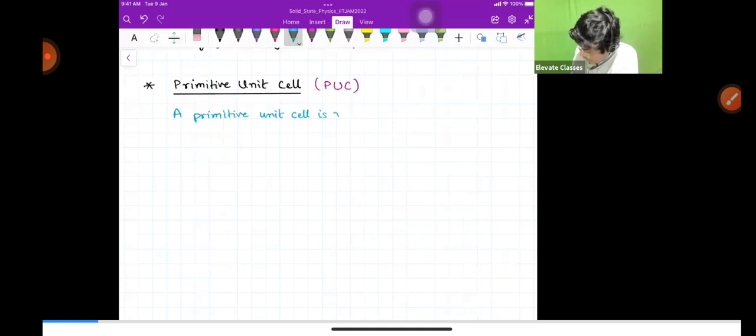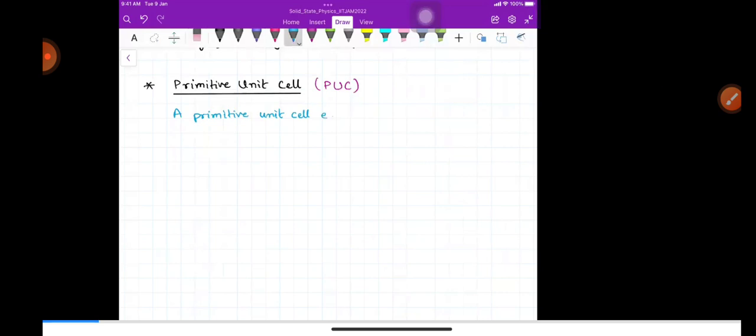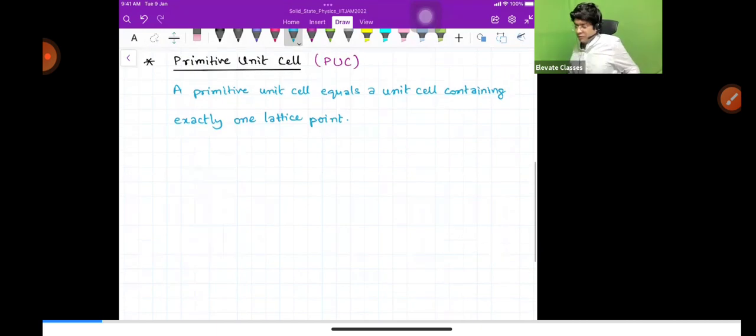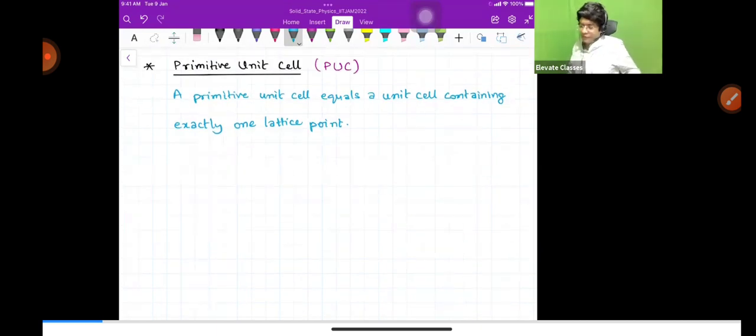So a primitive unit cell equals a unit cell containing exactly one lattice point. Exactly one lattice point. These definitions are very important whenever you are asked to distinguish between a primitive unit cell and a conventional unit cell, different types of unit cells.